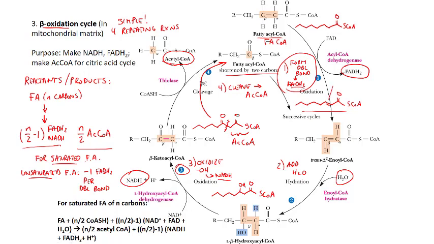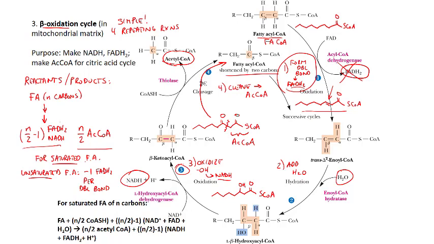So if there is a double bond already present, there's no need for this step to take place, so it's just skipped over, and you lose out on an FADH2 in the process. So for that reason, unsaturated fatty acids give you slightly less energy than saturated fatty acids do. And once again, all of this requires oxygen. Without oxygen, you cannot break down fatty acids as an energy source.